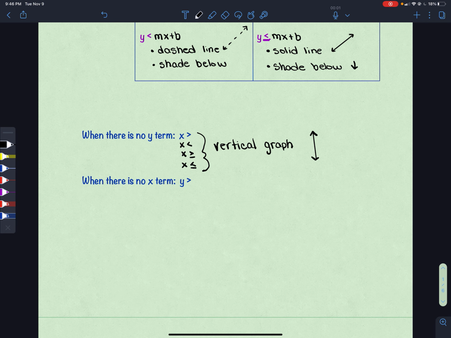If there is y is greater than, or y is less than, or y is greater than or equal to, or y is less than or equal to, in this case, then it will give me a horizontal graph.